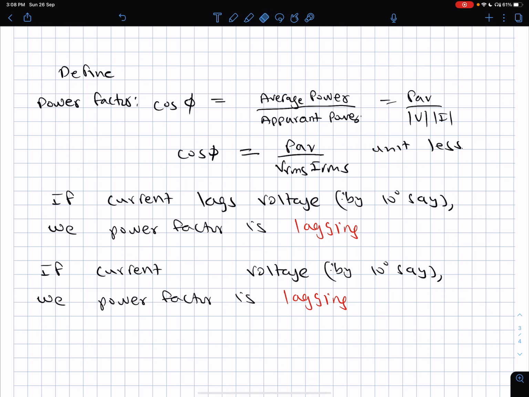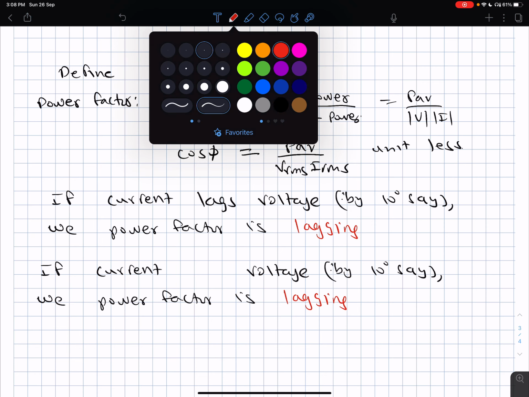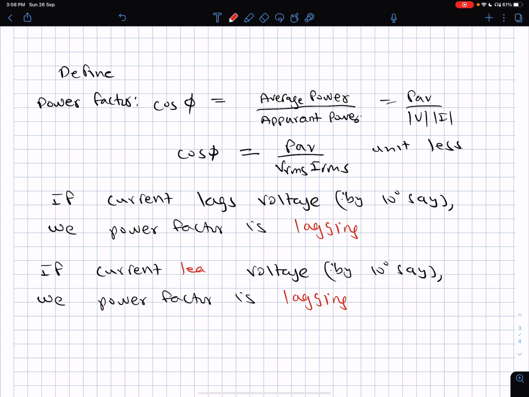If the current leads the voltage by, let's say, 10 degrees, then we'll say that the power factor is leading by 10 degrees.